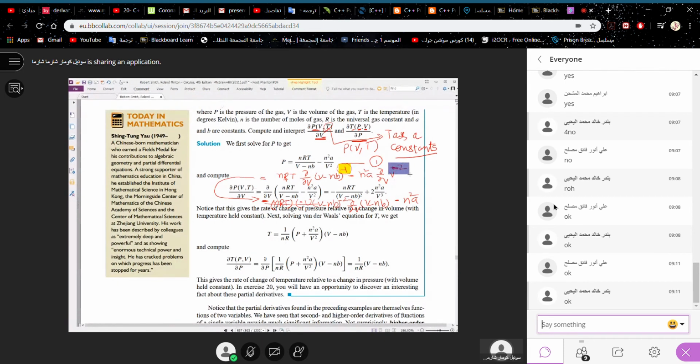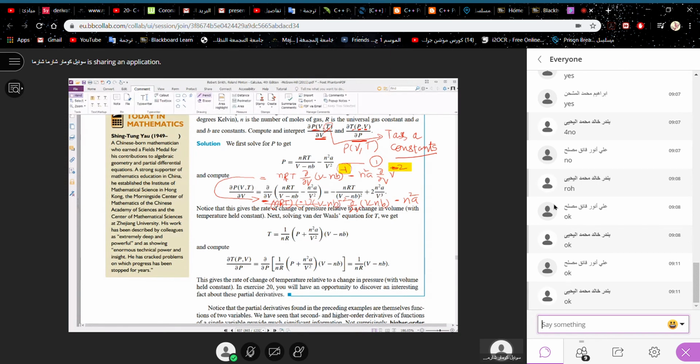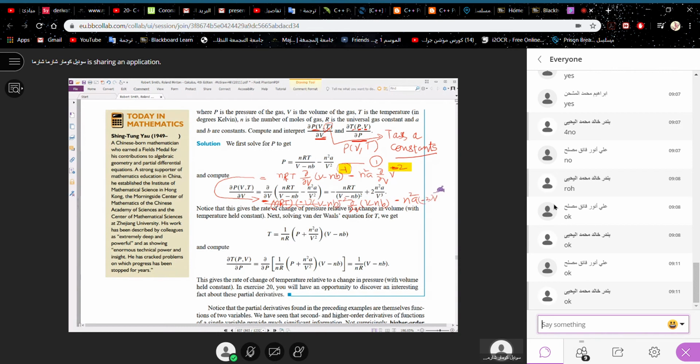This power is minus 2, so we can write it as minus 2 V to the power minus 3. Right.